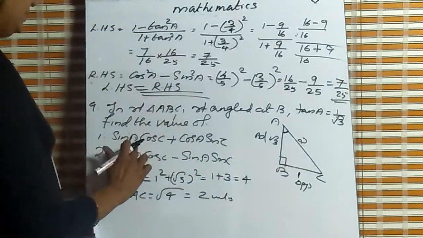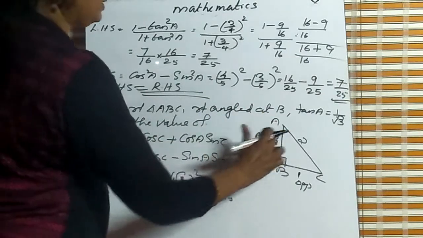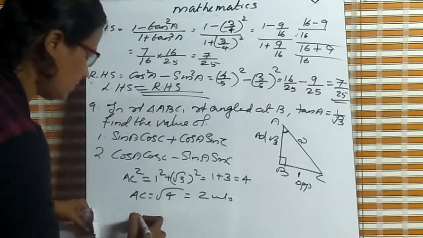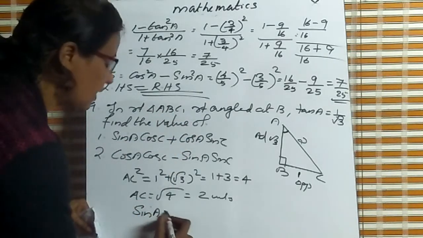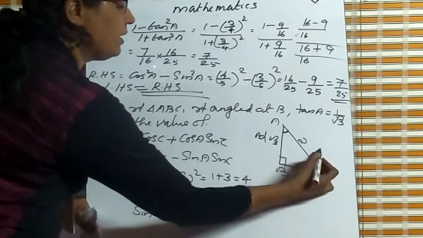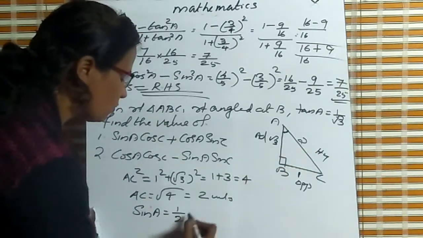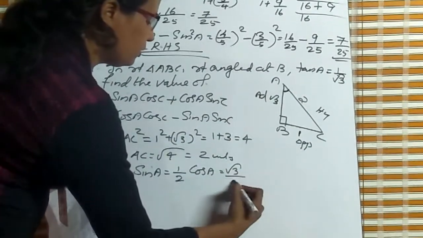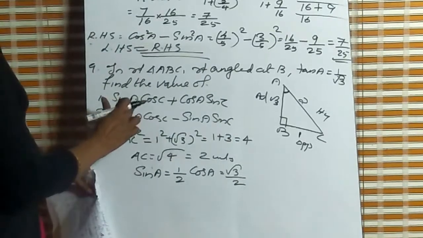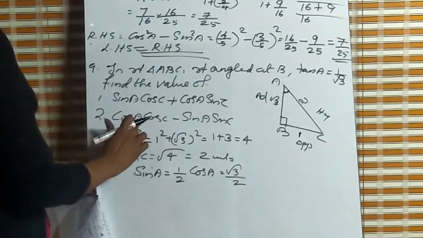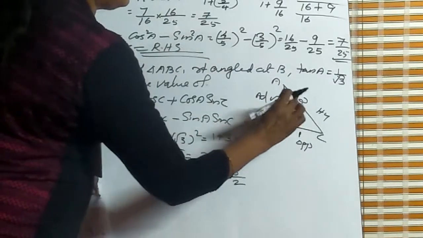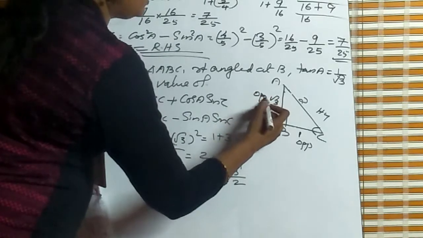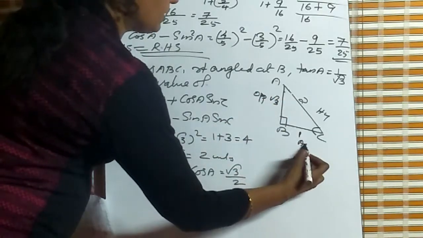Then sin A, cos C. First we have to find, based on the angle A, the trigonometric ratios sin A and cos A. Sin A is opposite side by hypotenuse, 1 by 2, and cos A is adjacent side by hypotenuse, root 3 by 2. Then based on angle C, this is the opposite side and this is the adjacent side.